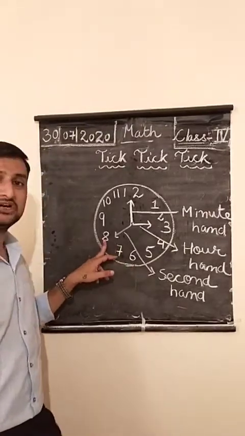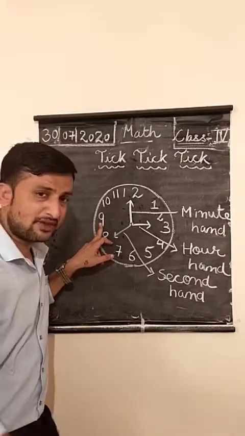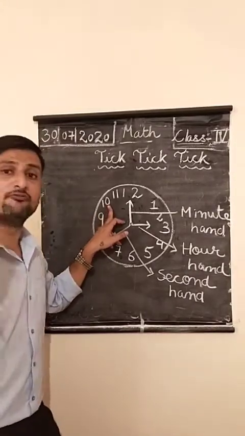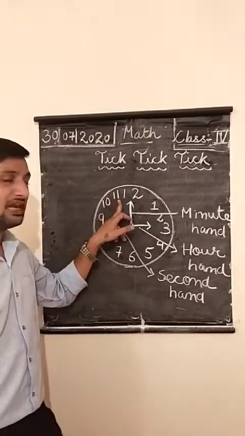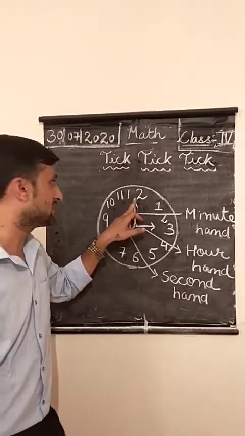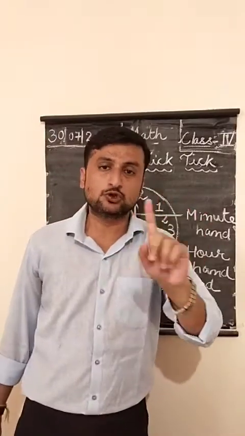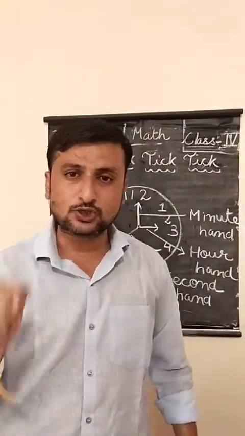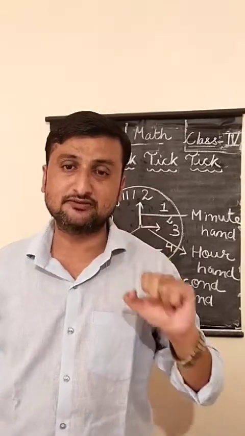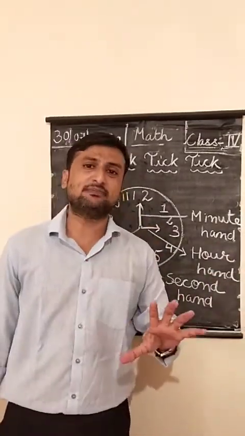On 8, 40 minutes. On 9, 45 minutes. On 10, 50 minutes. And on 11, it covers 55 minutes. And on 12, it covers a total of 60 minutes. So we know that 1 hour is equal to 60 minutes. Once again I am repeating, 1 hour is equal to 60 minutes.